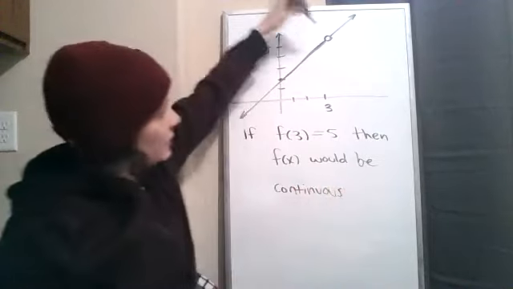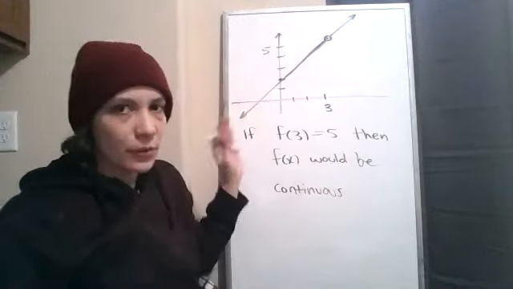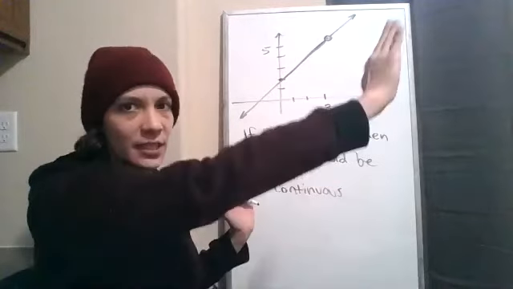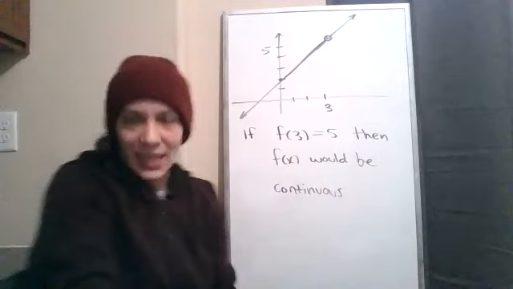So if we could fill this in right here with just that one output that we were missing, now the function is continuous. Before I forget, that date was February 17th.